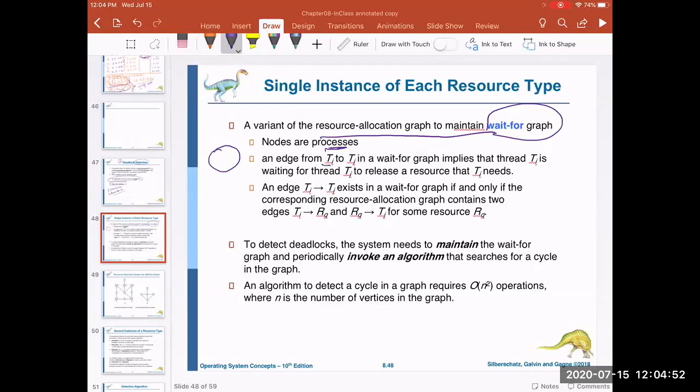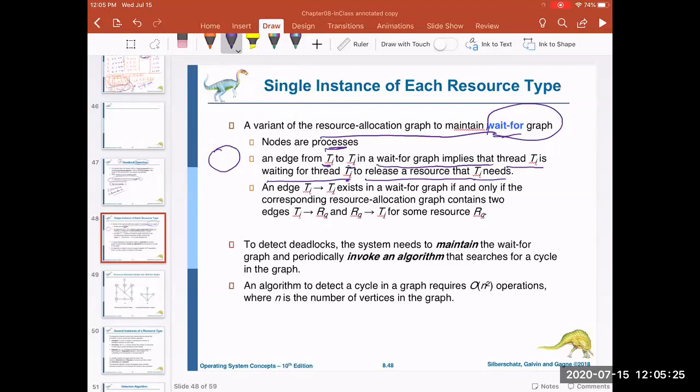Then an edge from Ti to Tj in a wait-for graph implies that thread Ti is waiting for thread Tj to release the resource that Ti needs. So what we did is we removed the resources and then we added wait edges. If there is an edge from one thread to another thread, it means that thread Ti is waiting for the resource to be released by Tj.